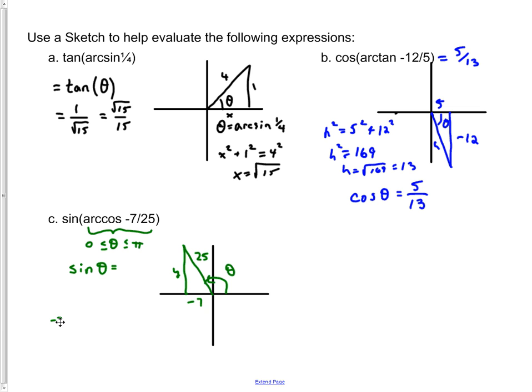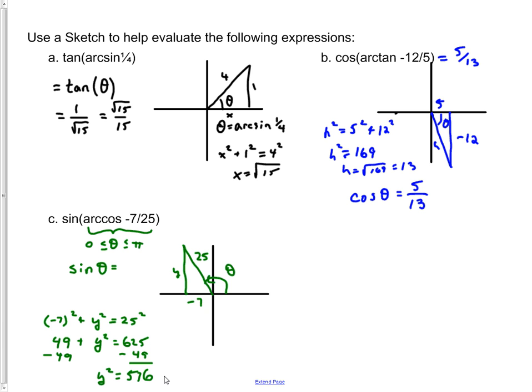So what do we say? Well, negative 7 squared and y squared, y will be a positive number, is equal to 25 squared. Let's see what we can figure out. Well, this is 49. Do a little bit of math right here. This is 625. So we're going to subtract 49 from both sides to get y squared to be equal to, let's see, 625 minus 49, that would be 576.